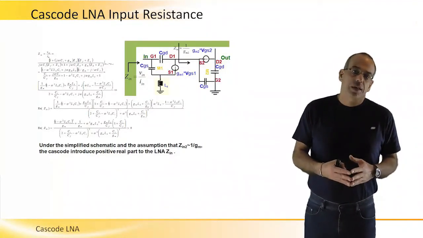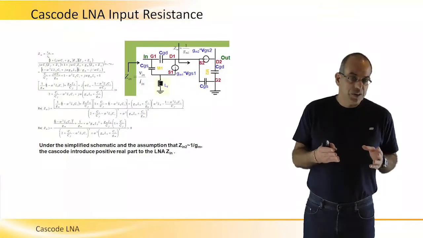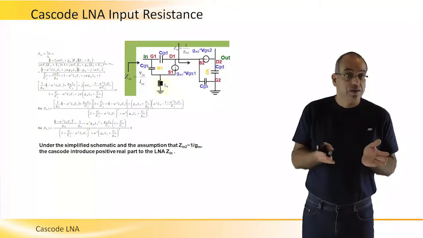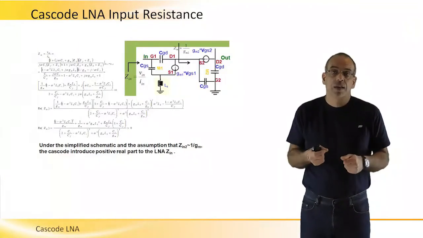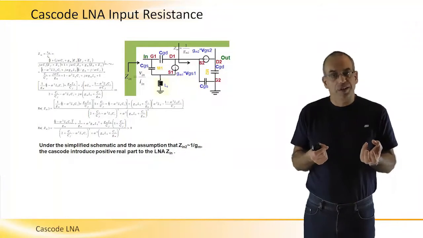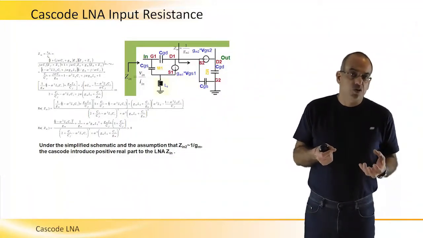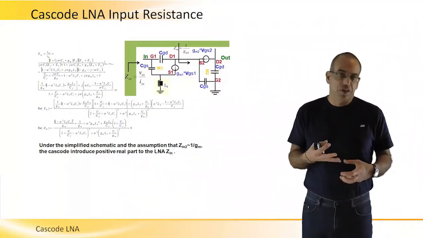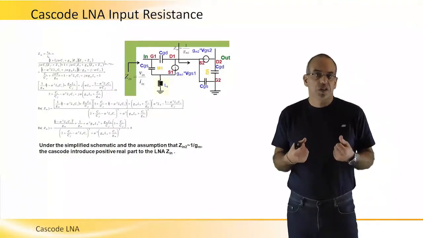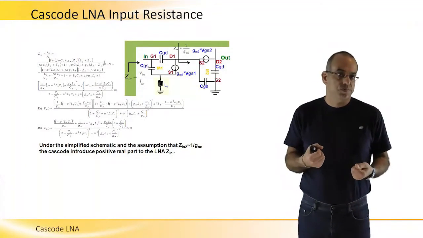Okay, so the frequencies where we will need to worry about this negative resistance will not be as wide as they were before, and also the value itself may not be as negative as it used to be before. So we really improved the stability of the circuit by introducing a Cascode transistor.